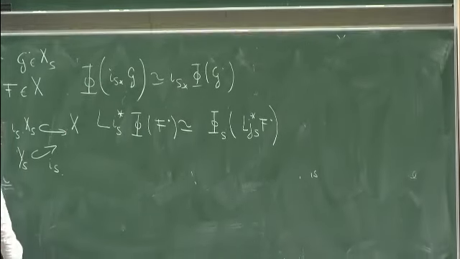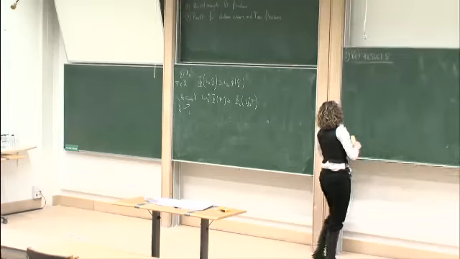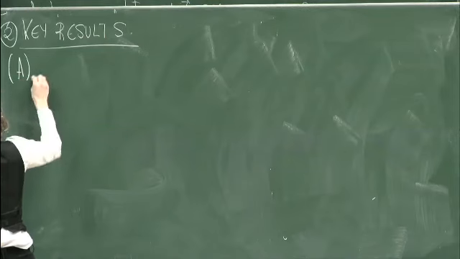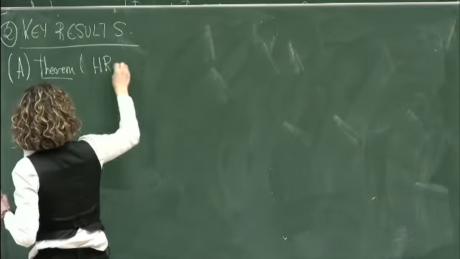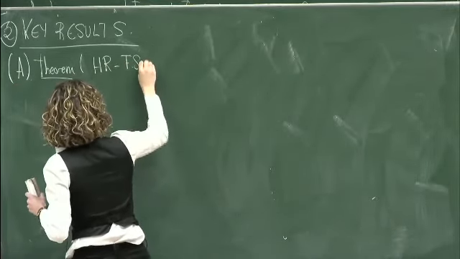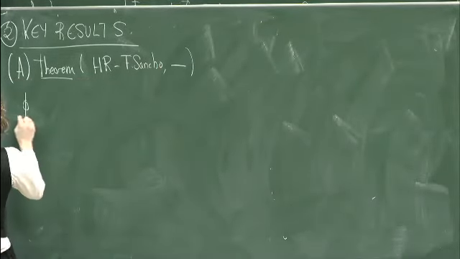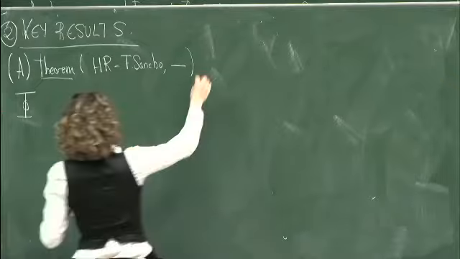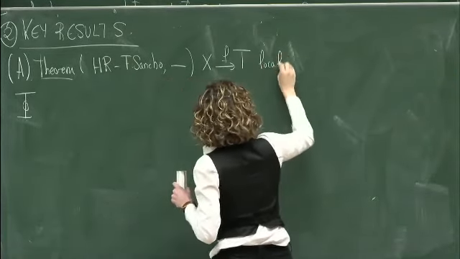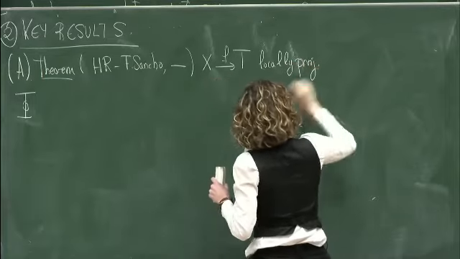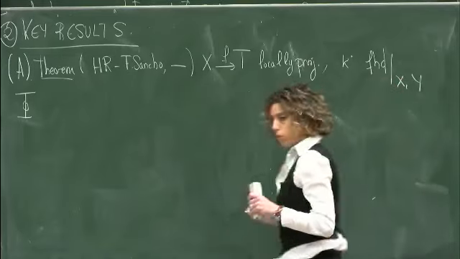Okay, so with these formulas, we prove the first key result. So result A was a theorem with Hernández Ruiz, Pérez, Fernando Sancho, and myself that proved that the functor Phi, with my conditions, if I remember, it has to be locally projective, and moreover, K has finite homological dimension over the two components.